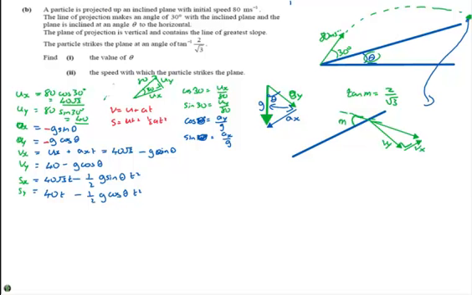So the tan of this angle is equal to 2 over root 3. So we know that we've got this angle here and this angle here. Well, we'll come back to that in 2 seconds. I'll just pause it there.